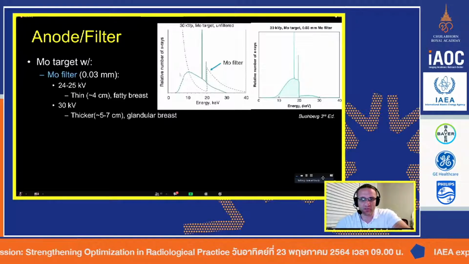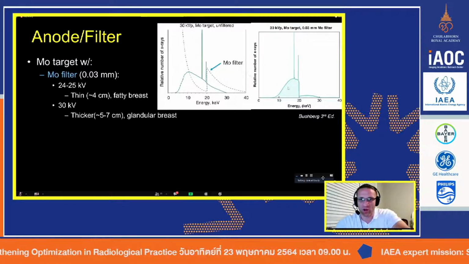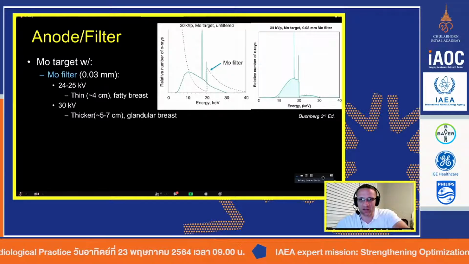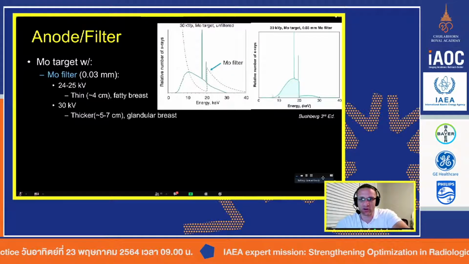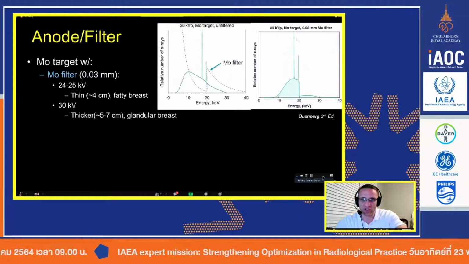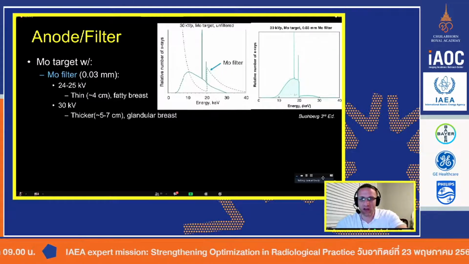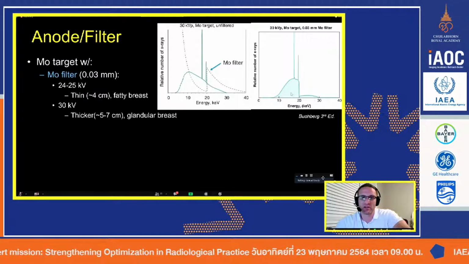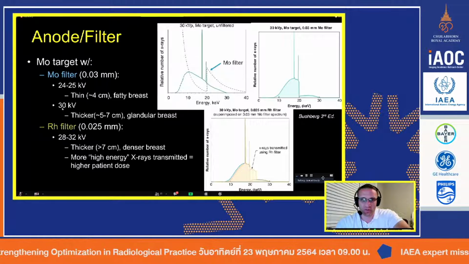It will be removed. So when you use a moly filter with a moly target, you don't get a lot of high keV photons, and you don't get a lot of these really low ones. That's great. You can see how the spectrum is nicely shaped for that sweet spot for image contrast.